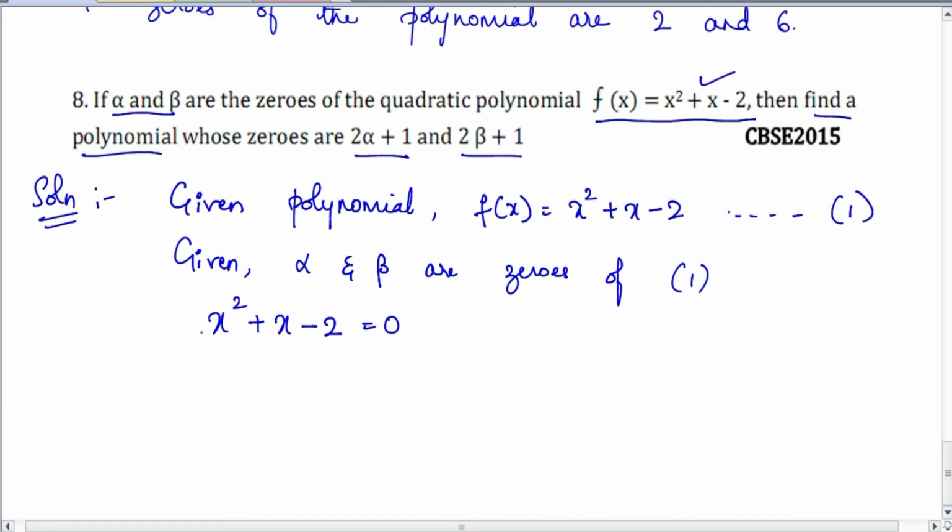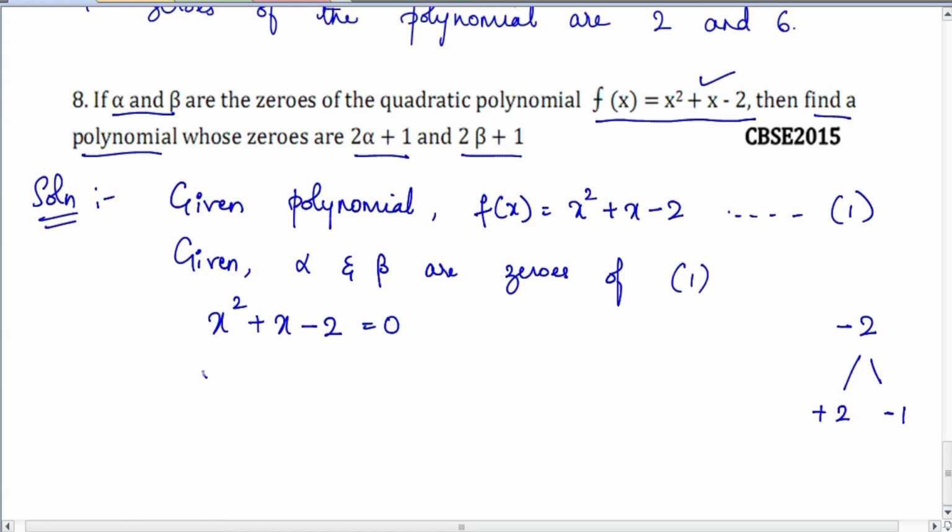The x square coefficient is 1, the constant is minus 2. So choose two numbers such that when you multiply you should get minus 2 and when you add you should get plus 1. So it is plus 2 and minus 1. When you multiply you get minus 2, when you add you get plus 1.